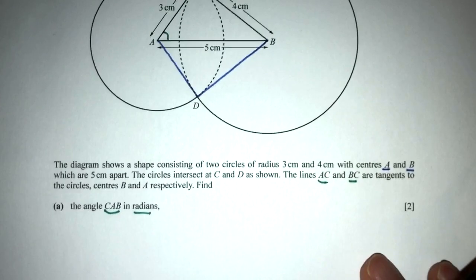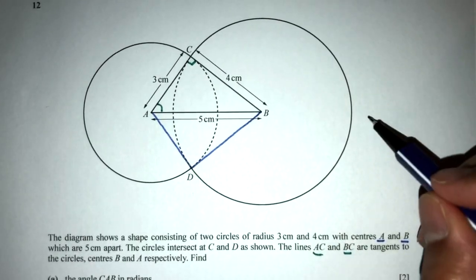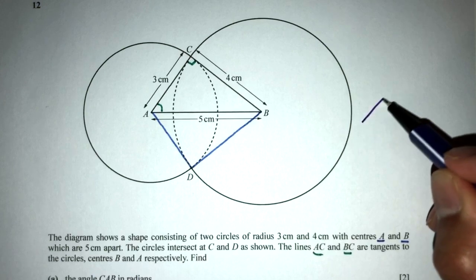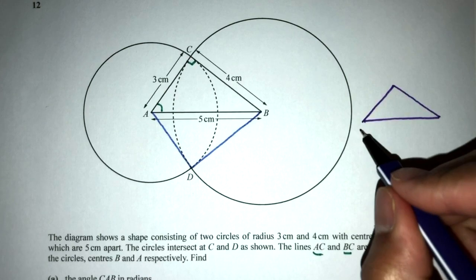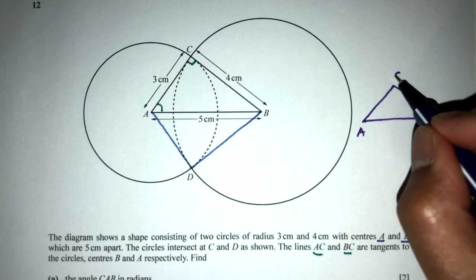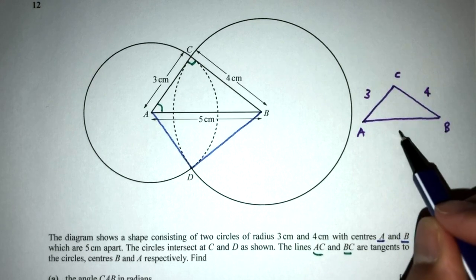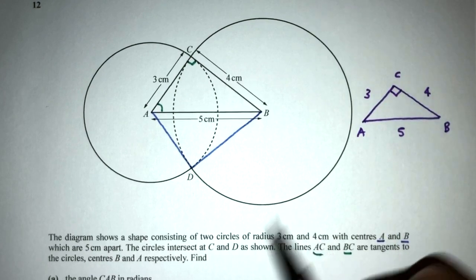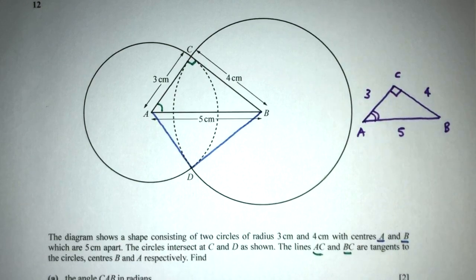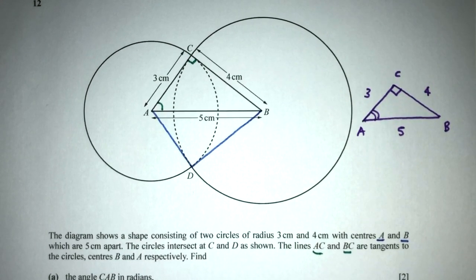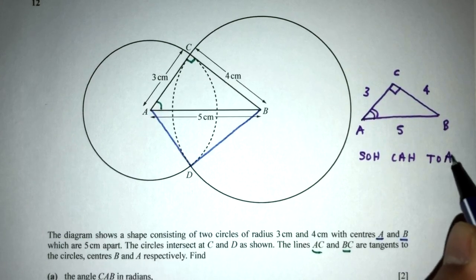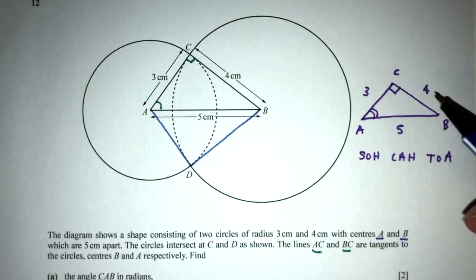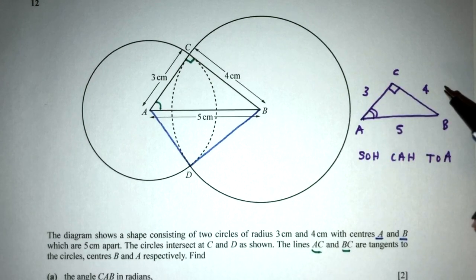So what we can do now is first take out the shape, for example, take out the triangle ACB. You have this, it's A, B, and C. This is 3, 4, and 5. You're trying to find this angle, which is angle CAB. Now, because it is a right angle triangle, we can use SOHCAHTOA to find this angle. We can use whichever ratio you want.